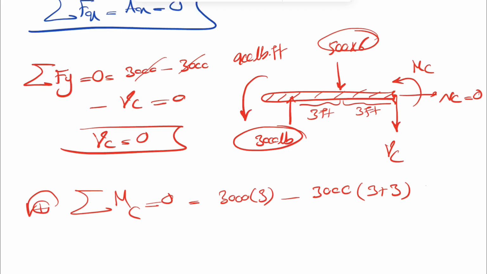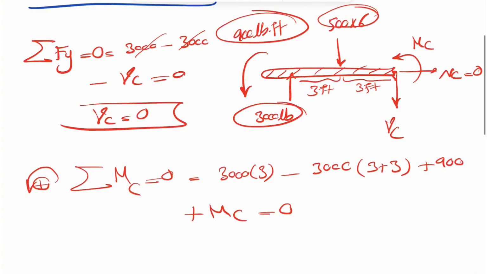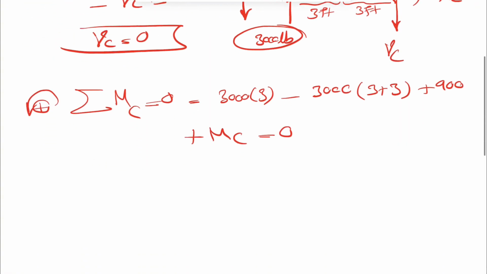We have the 900 pound-foot on the end of the beam, and we consider a counterclockwise moment, the bending moment at point C, or Mc.